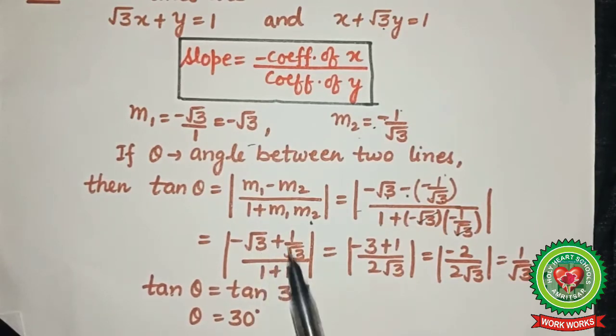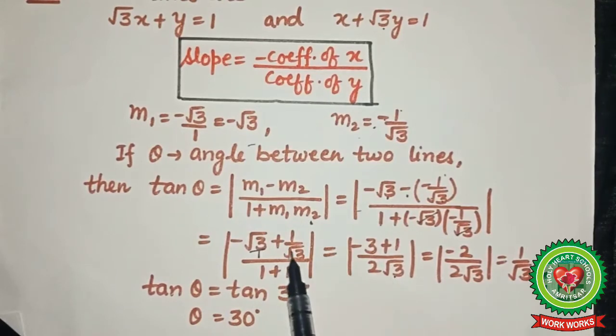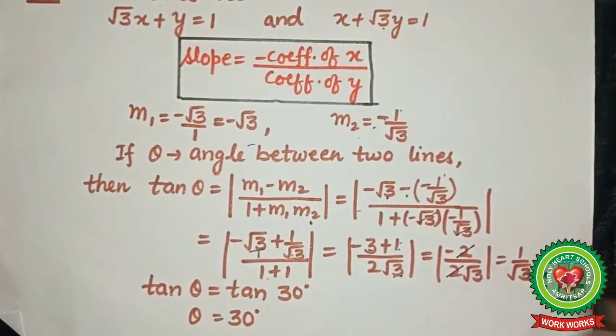Now when you take the LCM here, √3 will be the LCM. So √3 multiplied with √3 will become minus 3 plus 1 upon, here 1 plus 1 is 2 √3. Now minus 3 plus 1 is equal to minus 2 upon 2 √3. Here 2 cancels with 2. So we are left with 1 upon √3.